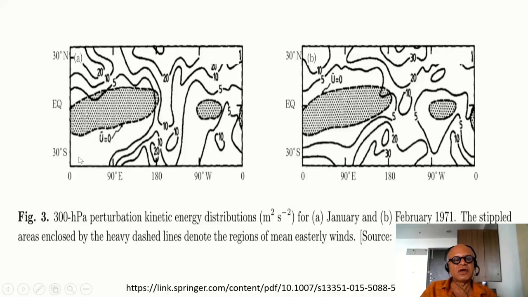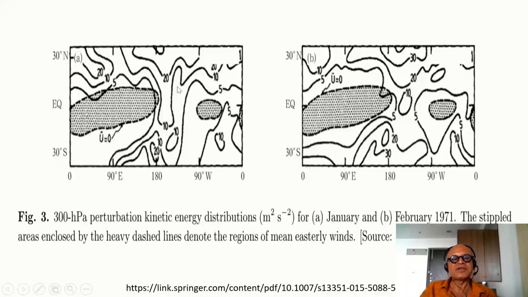So you are looking at the African continent into the eastern Indian Ocean and maritime continent here, east of the dateline towards the South American continent and back to the Atlantic sector here for January and February, so very much sub-seasonal time scale, although these are for a particular year.